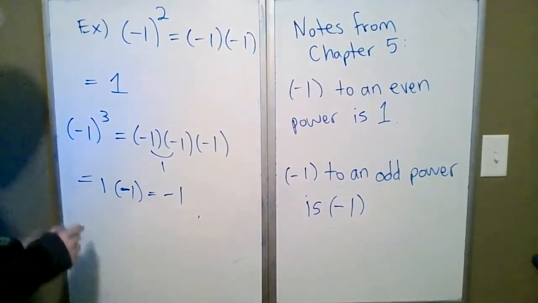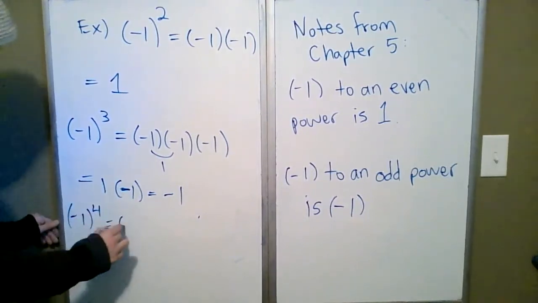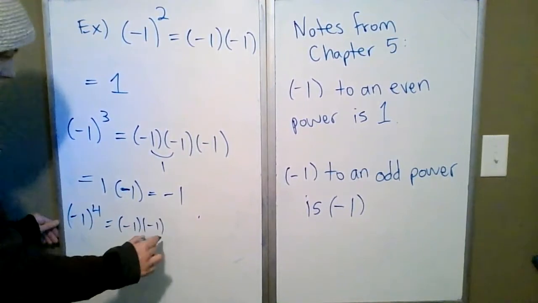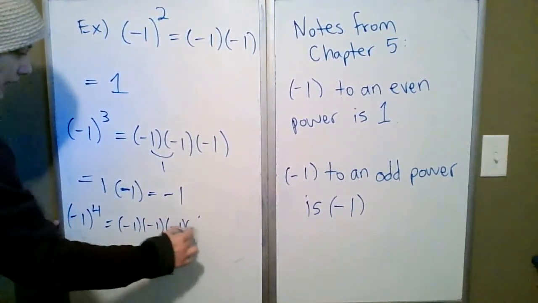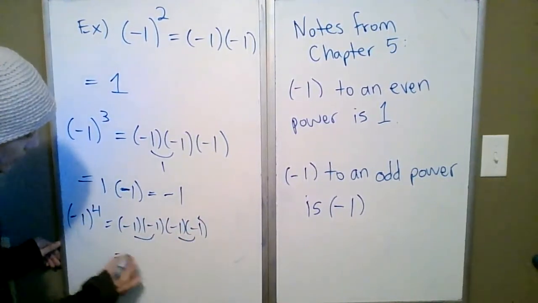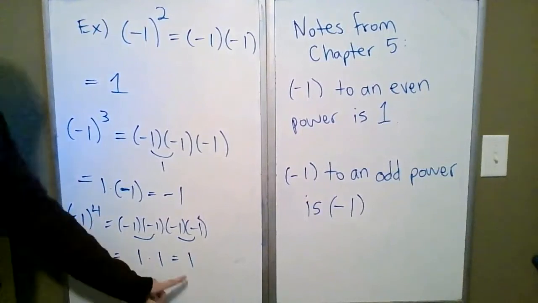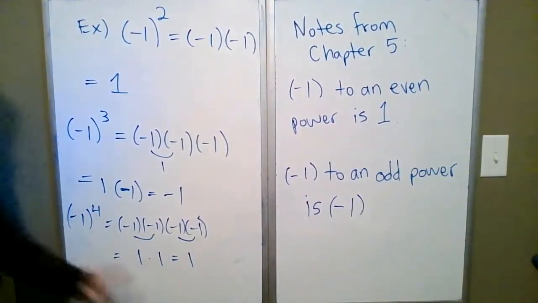-1 to the 4th. Negative and a negative, that's positive. Another negative times negative, just positive. So this is 1 times 1, just 1. So it's your even power, positive output, positive 1.